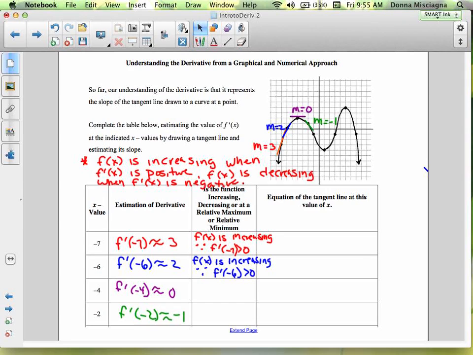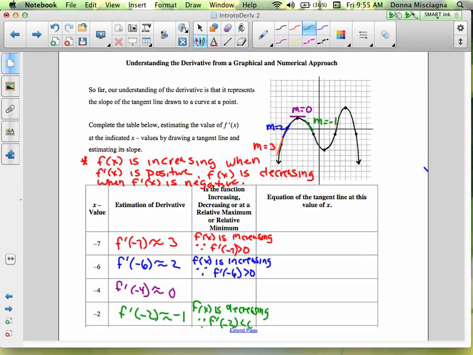We've got to be a little bit more specific. Let's skip over the purple one for right now. Let's go to the green at negative 2. So there, f of x is decreasing because f prime of negative 2 is less than 0.